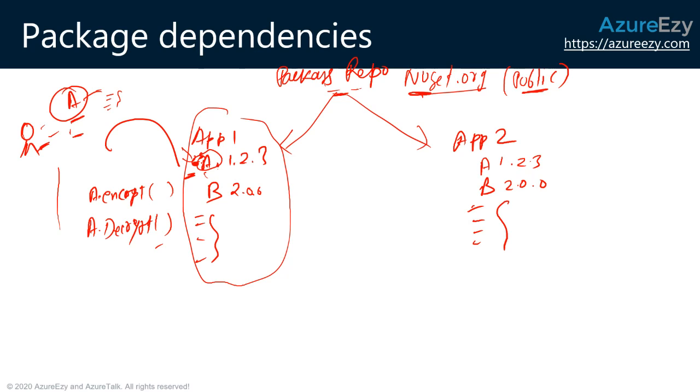Now to look at such dependencies, we call it a dependency because this A is coming from outside, but your application is dependent on it. Similarly, application 2 is also dependent on B, and this might be coming from some other developer or organization.